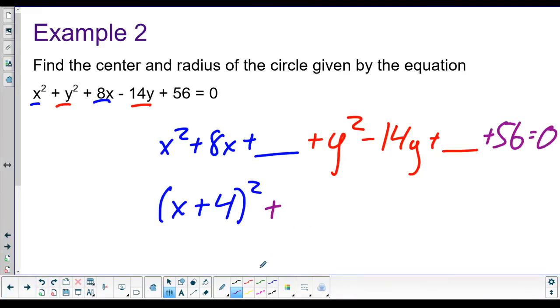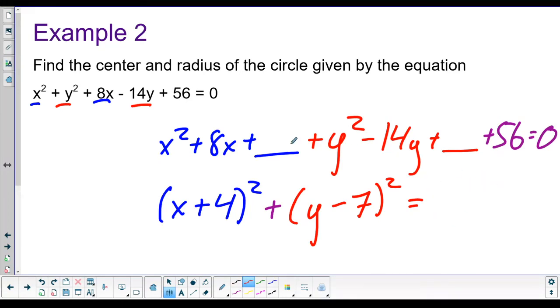Oops. Now we have to do the same thing with the y's. We have to factor it into a binomial squared. That's going to be y, and then half of this number. So half of negative 14 is negative 7, squared. All right. So now you're going to say, Barton, look, we've got everything, except that radius squared. So we have to figure out this radius.